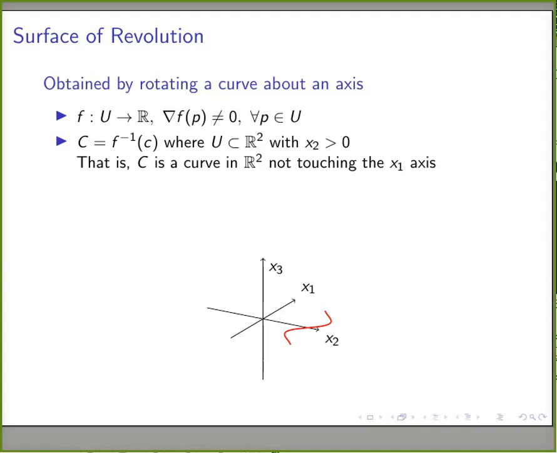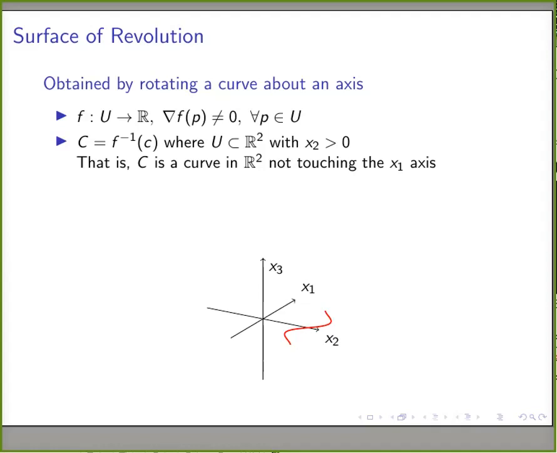This curve should not touch that axis. If it touches, the condition is going to be different. Therefore, it should not touch the axis, and it is better to be on one side of that axis, on the positive half plane or negative half plane, given by that axis. So this is a curve on x2 greater than 0.